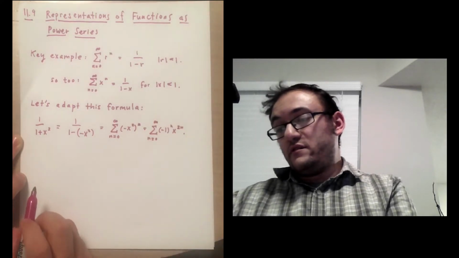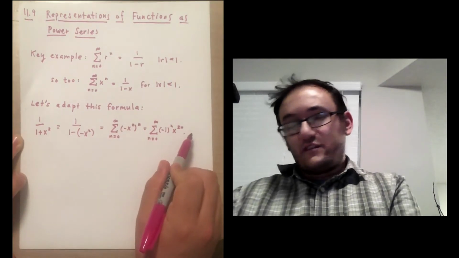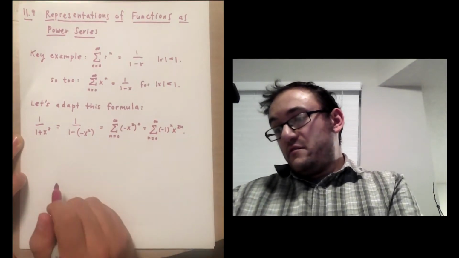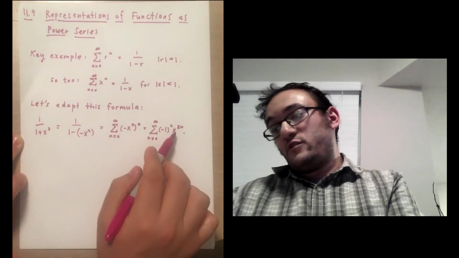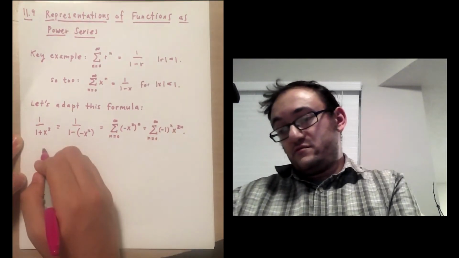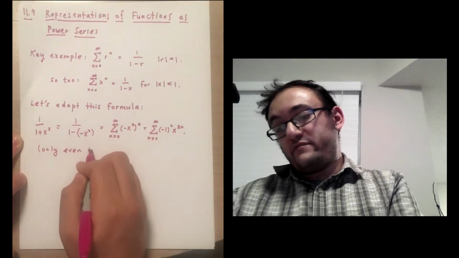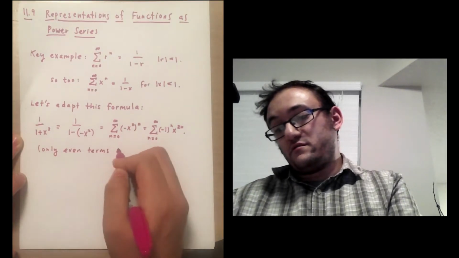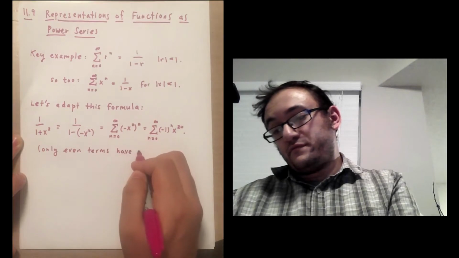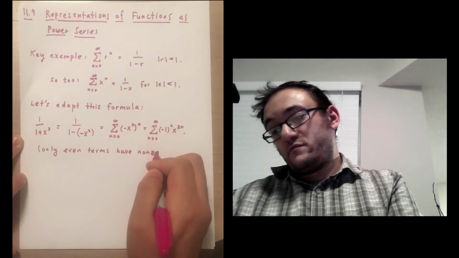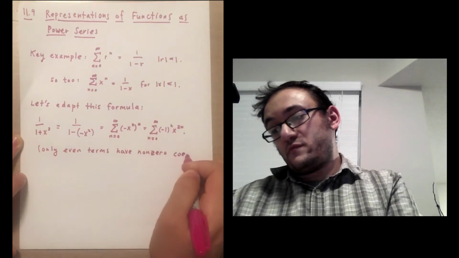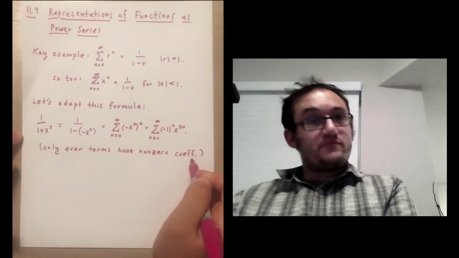Okay, having 2n there might feel a little unfamiliar, but you can just think about this as only the even terms have non-zero coefficient. Okay, it's okay to have terms that are left out.